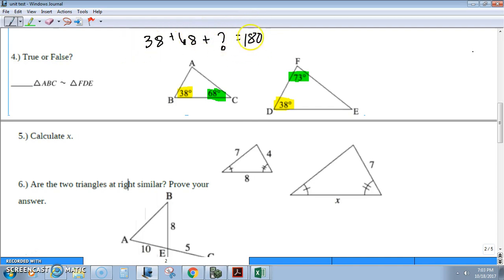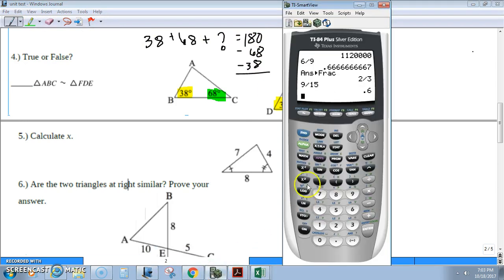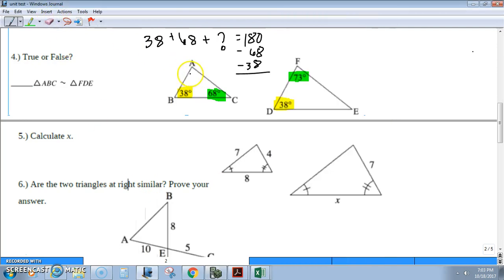So if we subtract 68 and 38 from 180, we will get the other angle. So 180 minus 38, and then minus 68, and we get 74. So angle A is going to be 74 degrees.